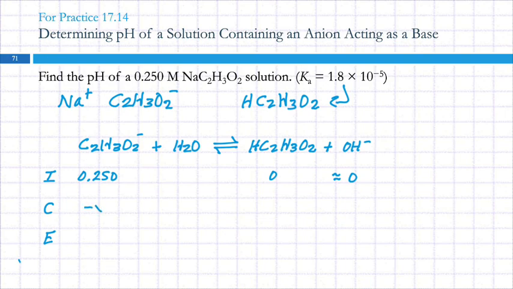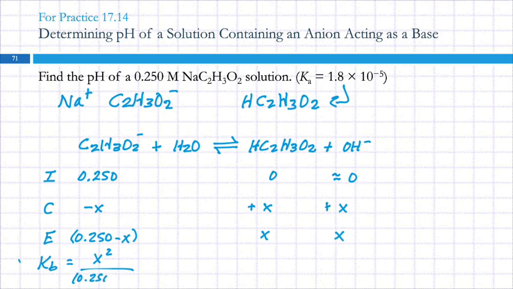So then this will decrease by X. These guys will increase by X. And so the equilibrium relationship is 0.250 minus X, X and X. So Kb is going to equal X squared over 0.250 minus X.